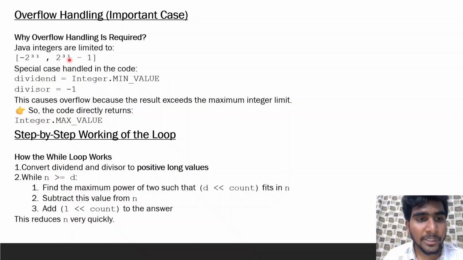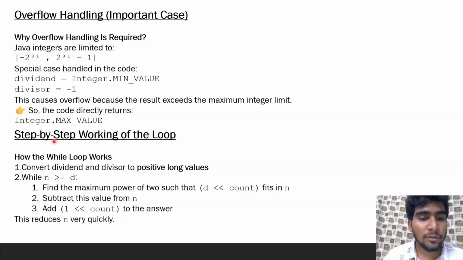Integer range max is 2 power 31 minus 1. But minus 2 power 31 by minus 1 gives 2 power 31, which is out of range. So at that time we just return integer max value, which is 2 power 31 minus 1.